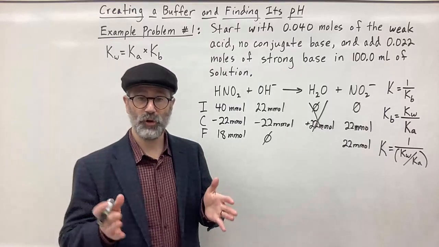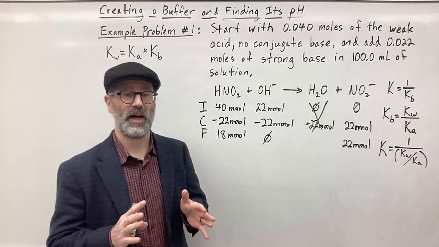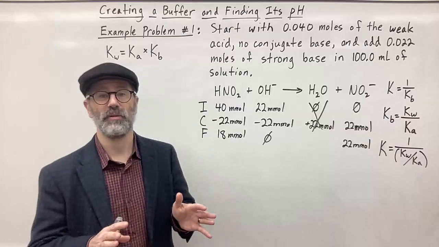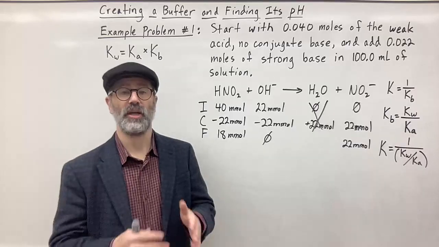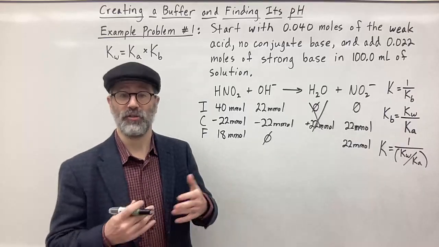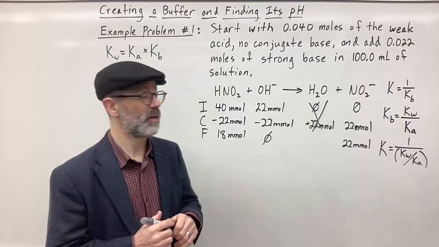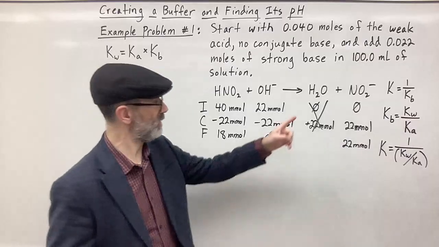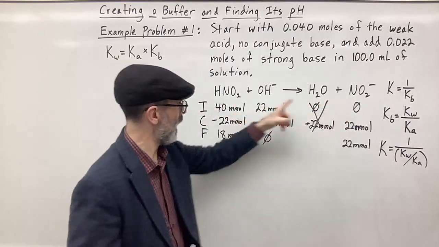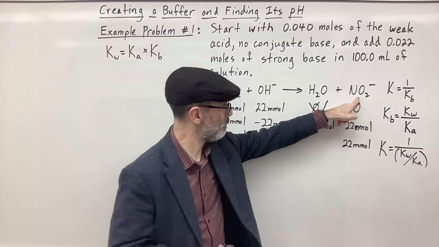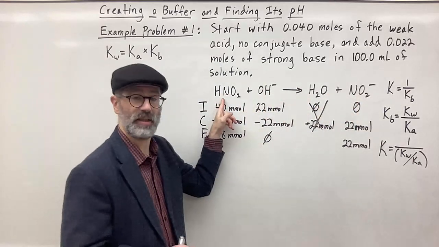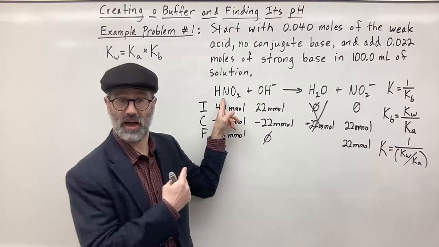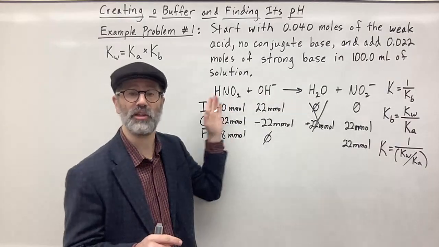So if you remember, your Kb value, the equilibrium constant, dissociation constant for a weak base in water, is your Kb. So basically we have the reaction of your weak base with water producing OH minus and the conjugate acid, right? So it's been reversed.